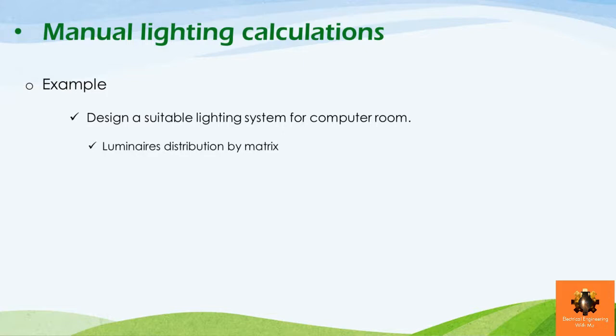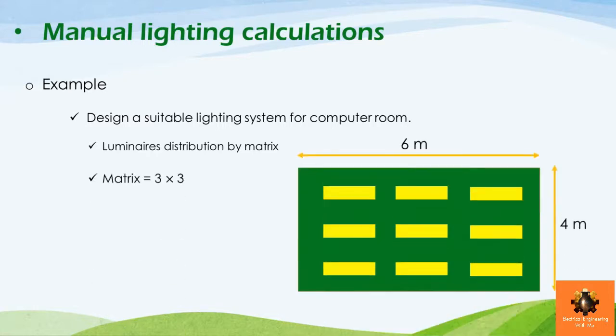And because the number of luminaires we have is 9 luminaires, the matrix will be 3 times 3. And this means we have 3 columns and 3 rows. We have 3 luminaires across the length of the room, and 3 luminaires across the width of the room.